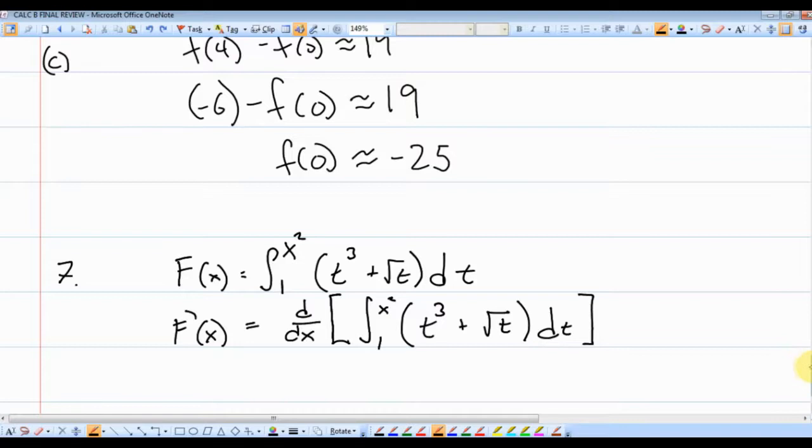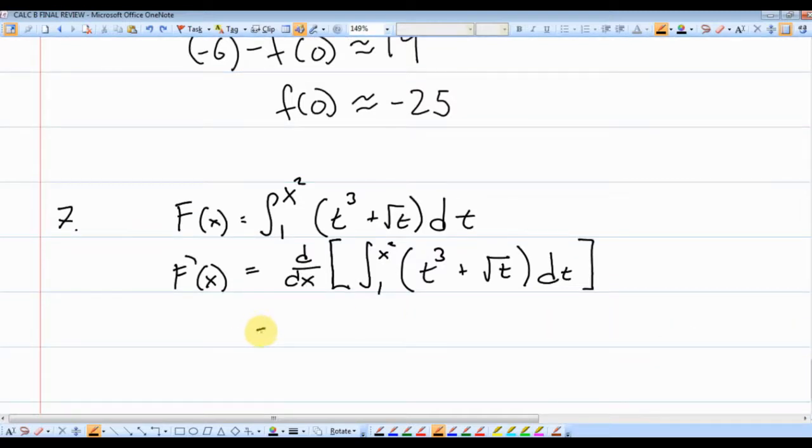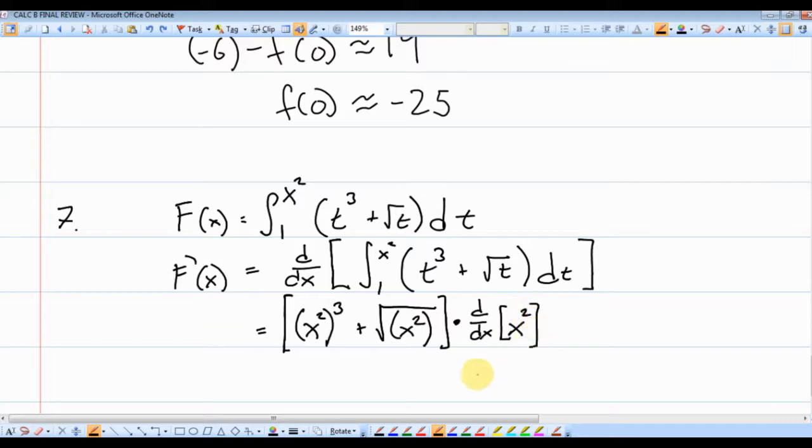Okay, derivative of the integral, remember what we do. We substitute and then we multiply by the derivative of the limit. So we substitute x squared cubed plus square root of x squared times the derivative of x squared, minus 1 cubed plus the square root of 1 times the derivative of 1.